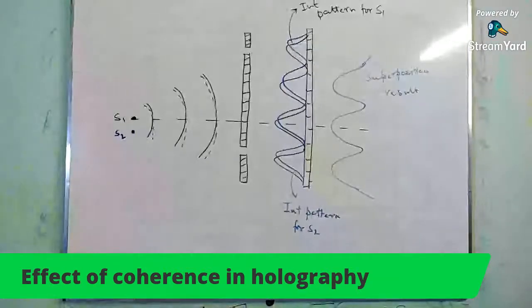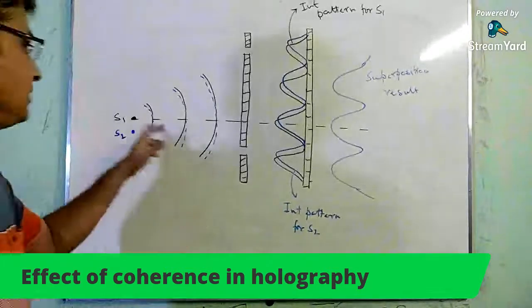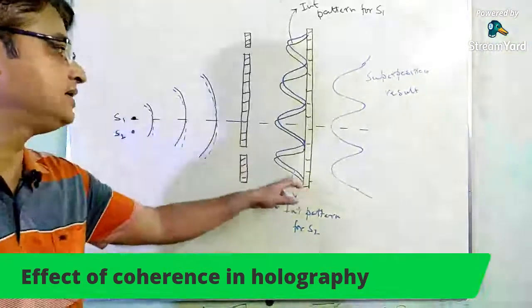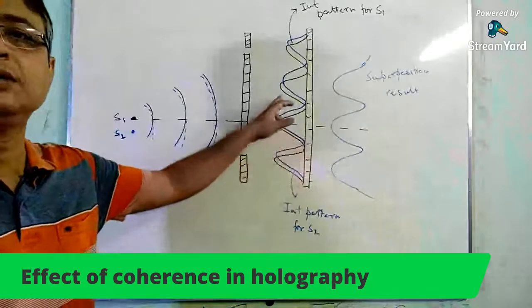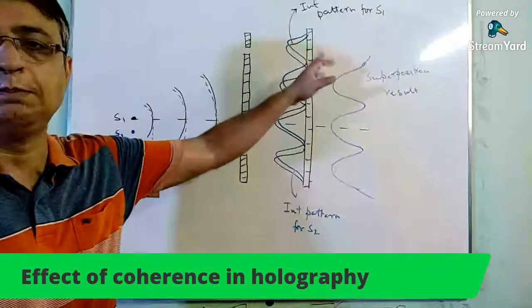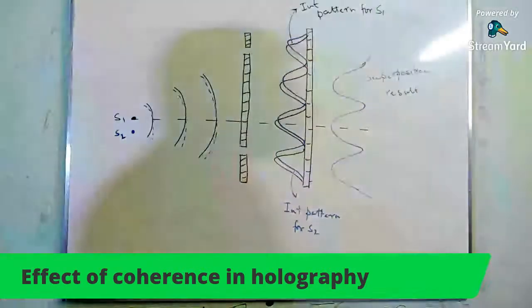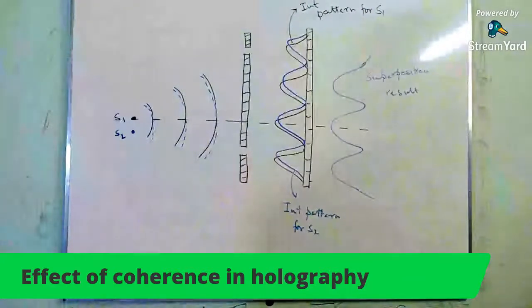Now these two new waves will interfere with each other and form an interference pattern at the observation plate. So for S1, this is the interference pattern which I have shown in the black color. So this is the interference pattern formed by the source S1.